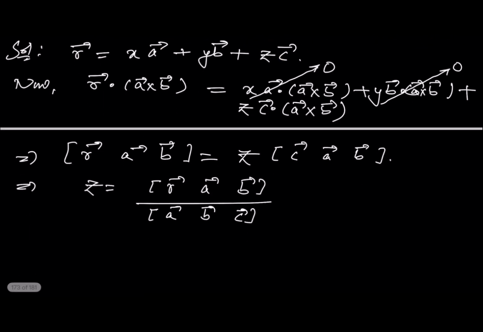Now we have seen z times this box is containing CAB, right?